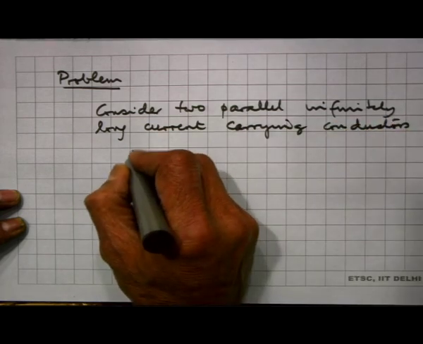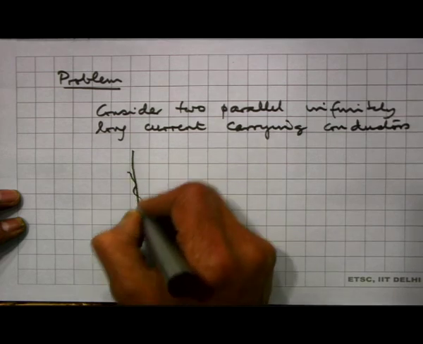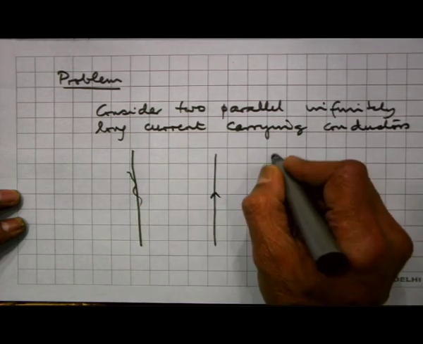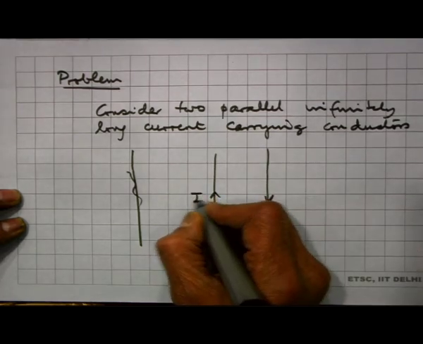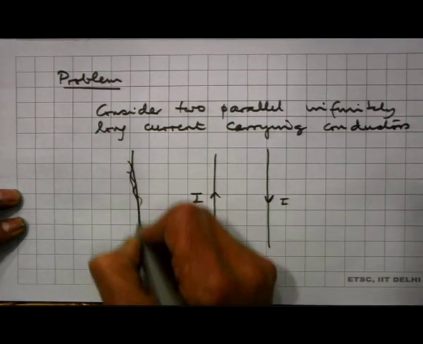You have one conductor like this, and another conductor. Let me assume the currents are in opposite directions, same current, but in opposite directions.